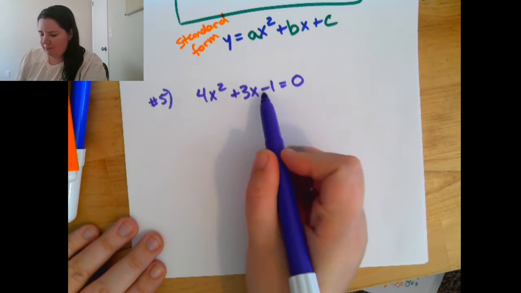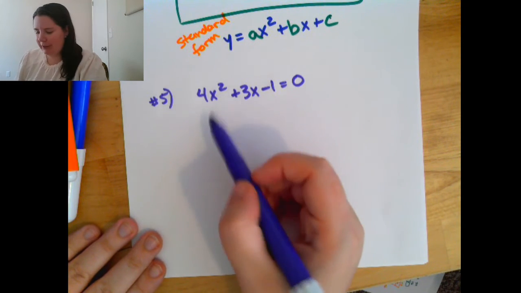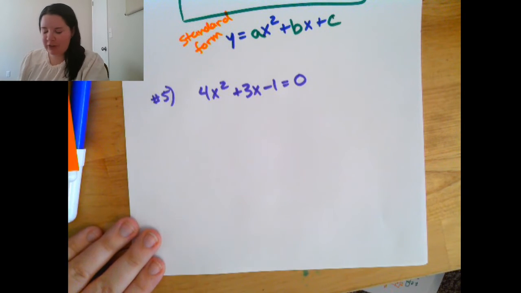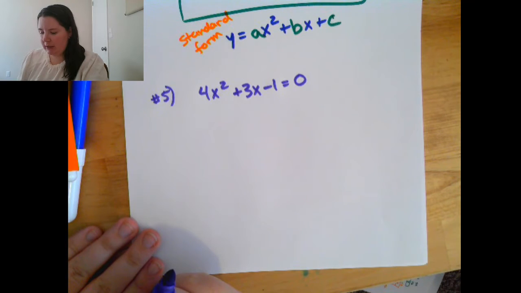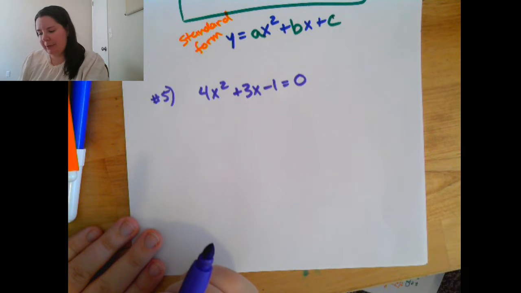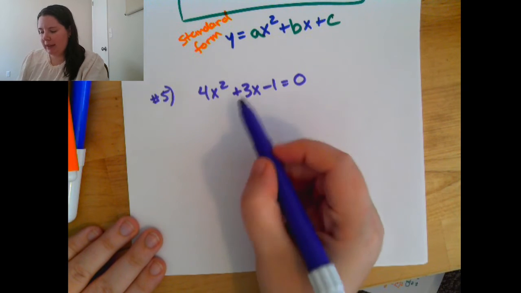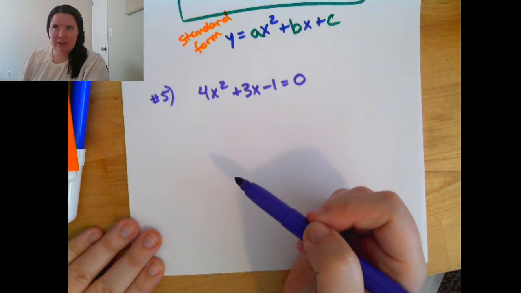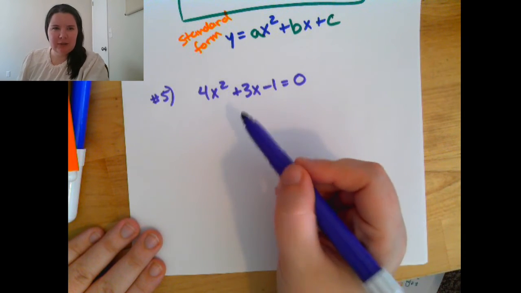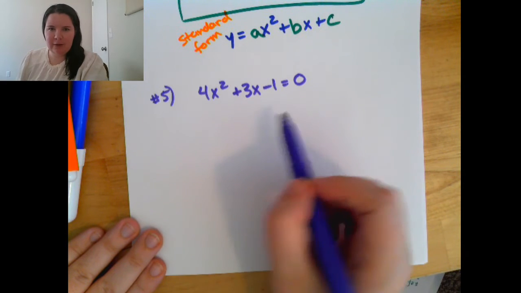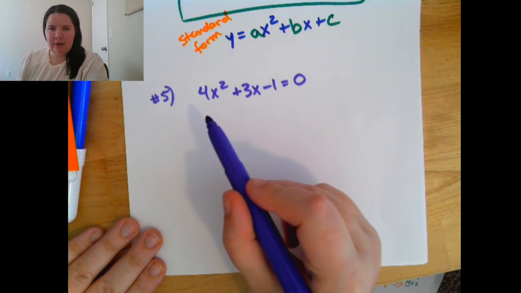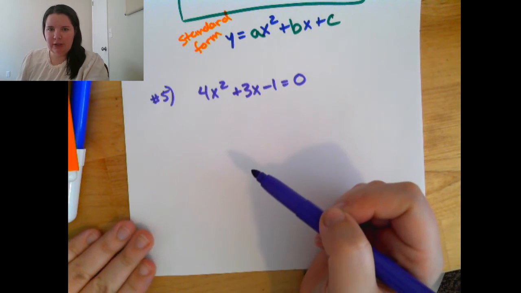Right off the bat, this is not an easy one to factor. We could use our magic X factoring trick on this. That could be a good method. It's also not terribly easy to do completing the square because our b value is odd, so it's hard to just divide by 2 and square to make our vertex form. So this really is a good candidate for the quadratic equation.